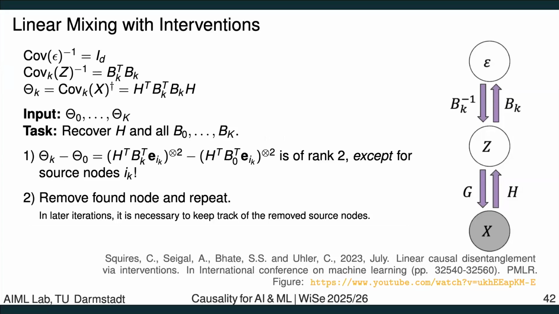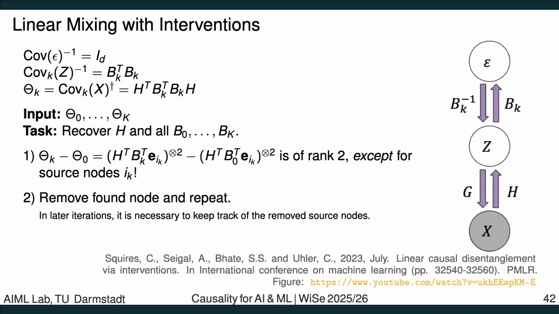And so again, I won't go into the details because it would take the whole lecture. But basically, what we do is we look at those individual thetas from all these observations. And what we see is that we take the differences of those.